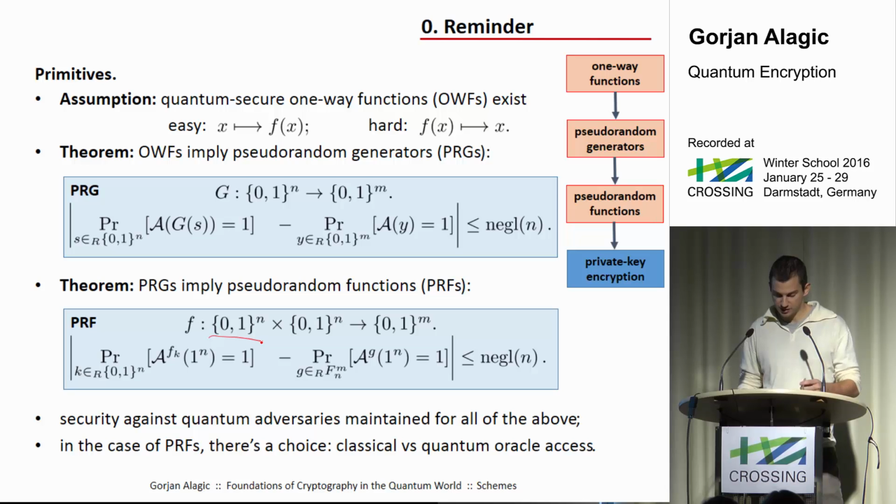Okay. And we talked about security against quantum adversaries for all of the above constructions, and we noted that in the case of PRFs, there's this choice between classical and quantum oracle access, which matters.